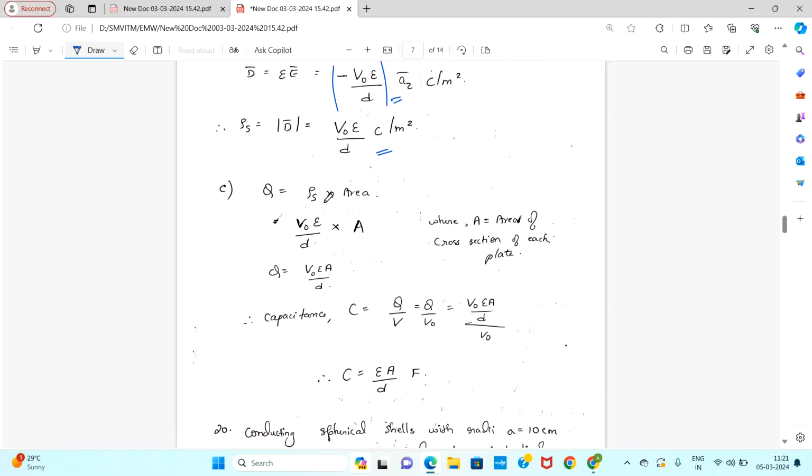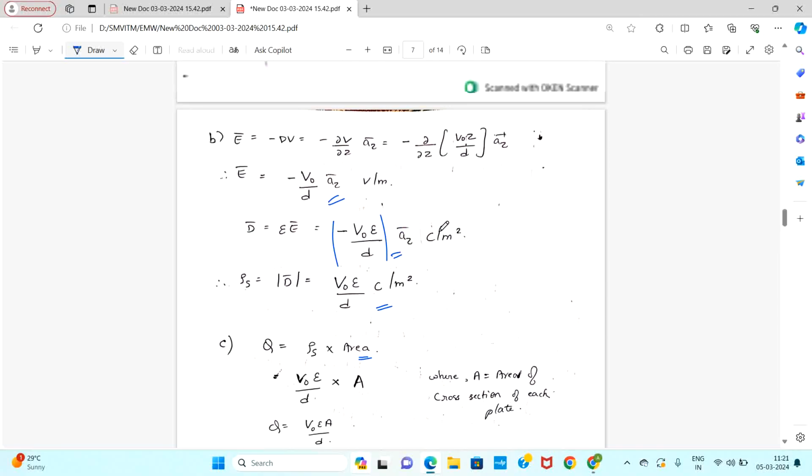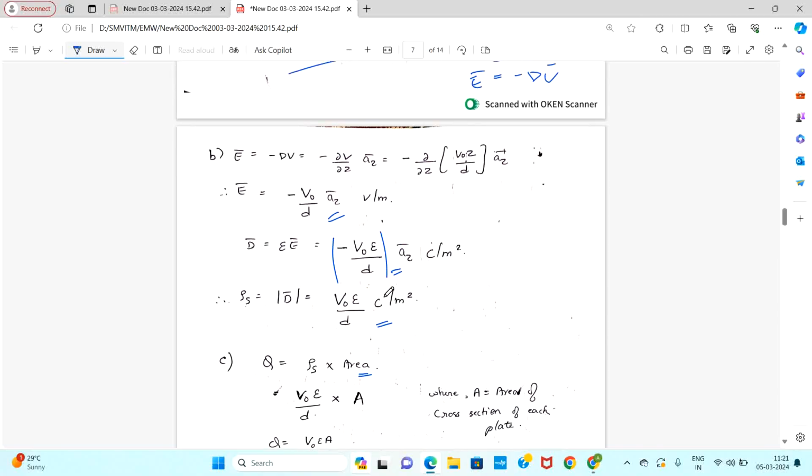Once I get this, rho S is multiplied by area. Just check this step by step. Here they've taken rho S as the modulus of D, or the magnitude of this. If you remember, if I have a vector like x ax plus y ay, how do we calculate the magnitude?